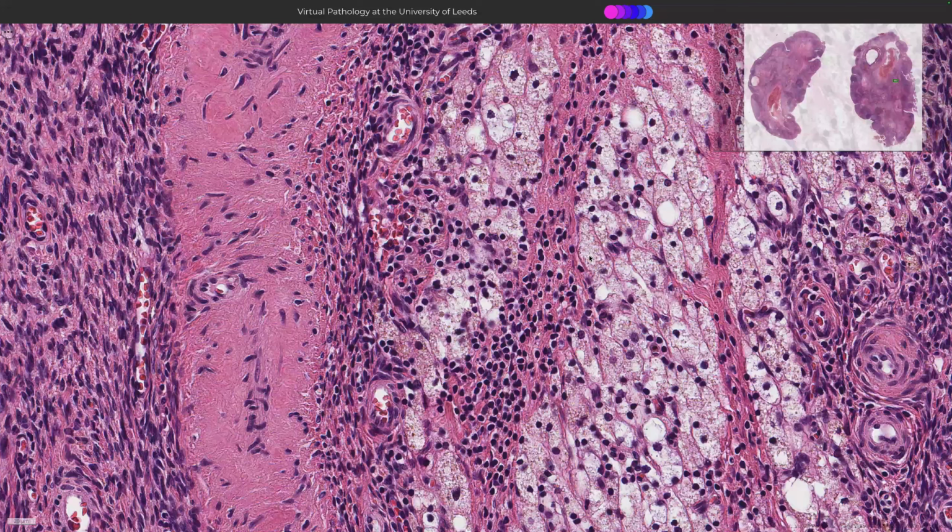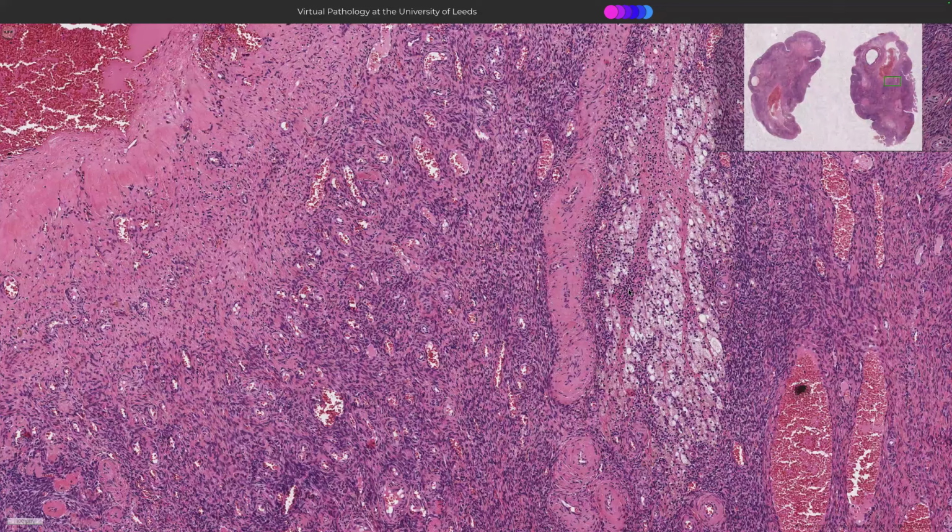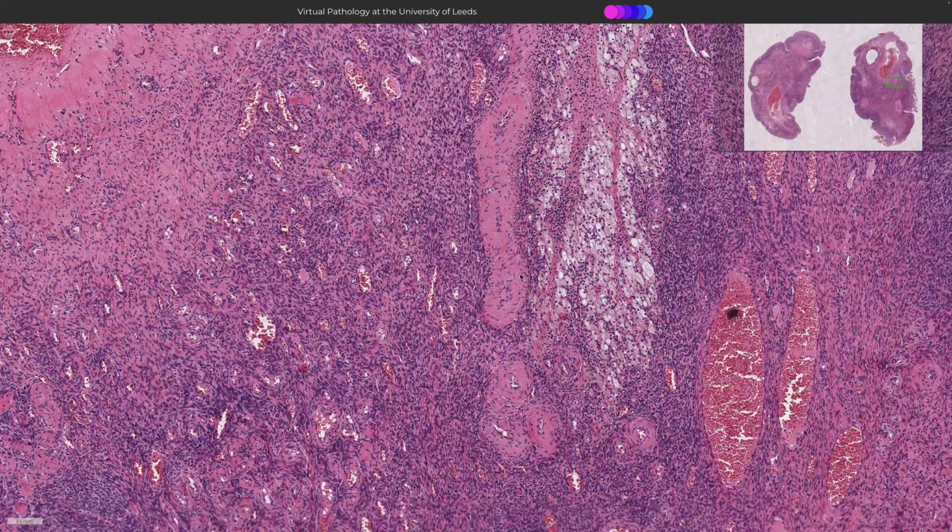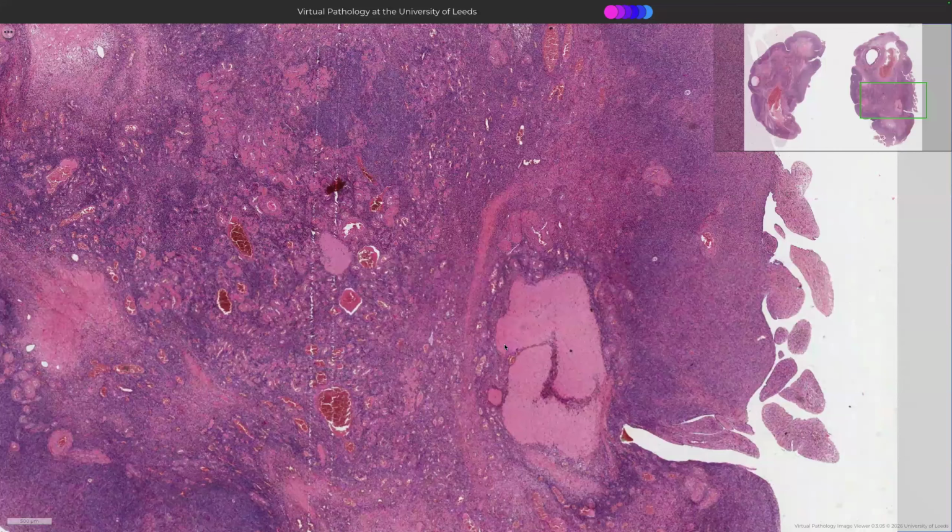No clue. So these cells are still producing, these are like steroid cells. They're luteinized thecal cells at the end of the corpus luteum. And then we've got just here a corpus albicans.